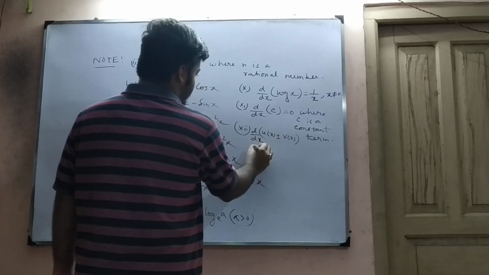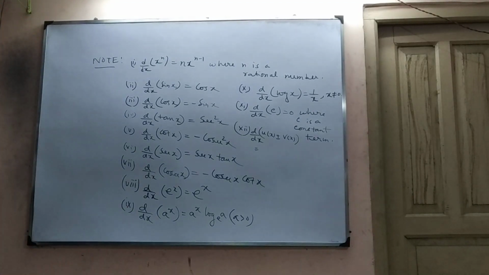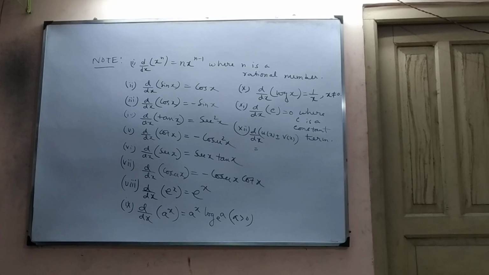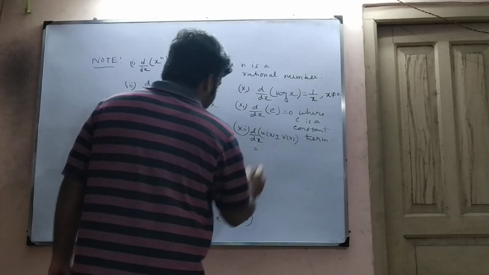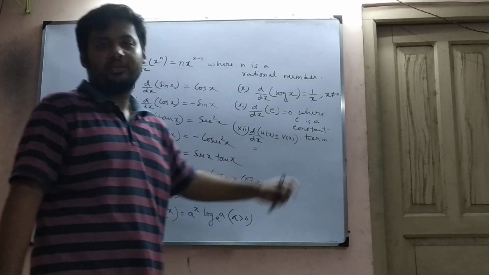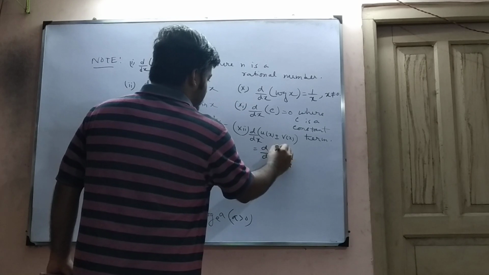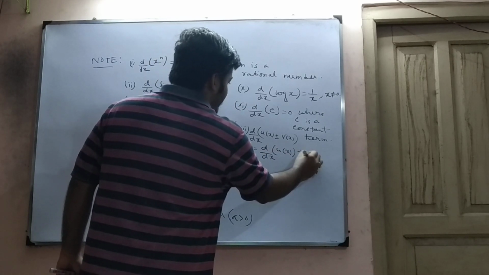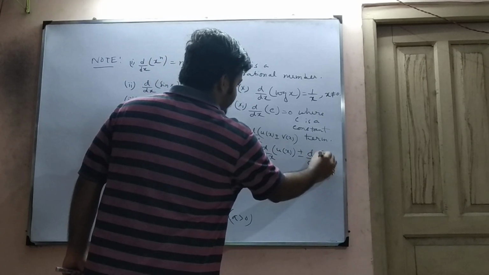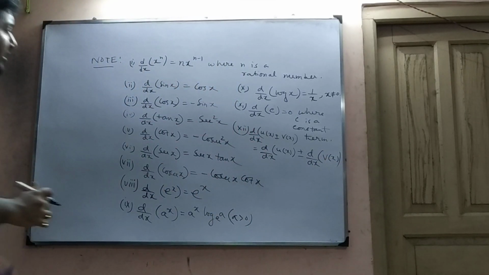That means u(x) and v(x) are two different functions of x. If I have d/dx of u(x) plus minus v(x), then we will differentiate u(x) and differently differentiate v(x). So you have d/dx of u(x) plus minus d/dx of v(x). Clear?